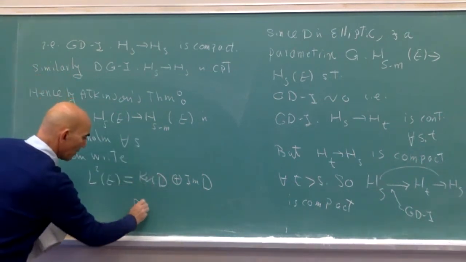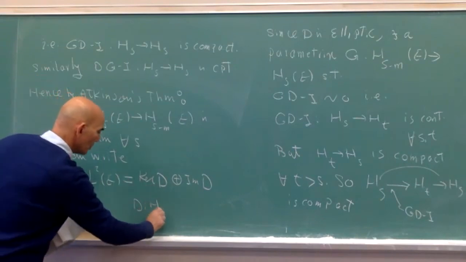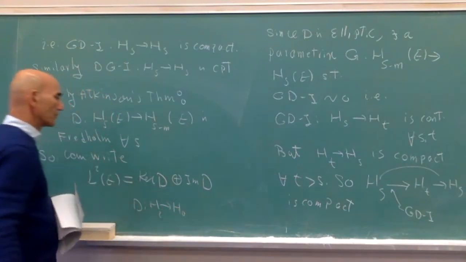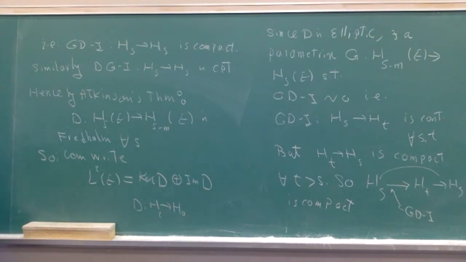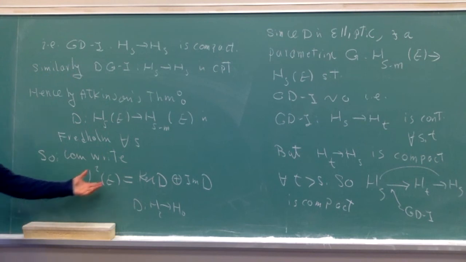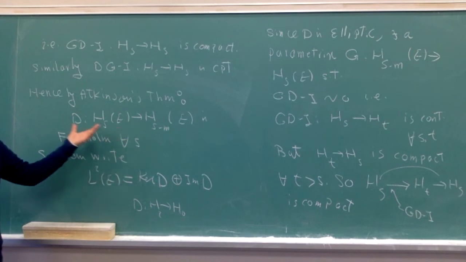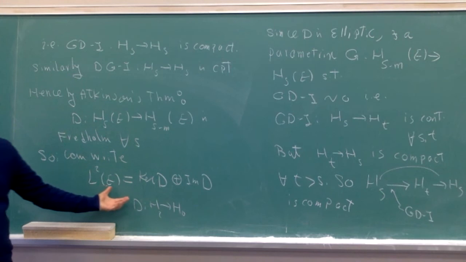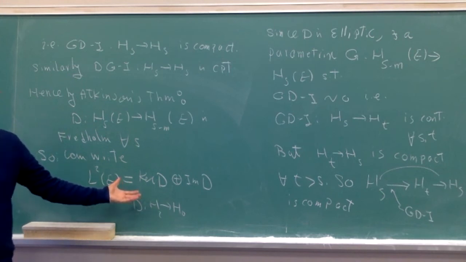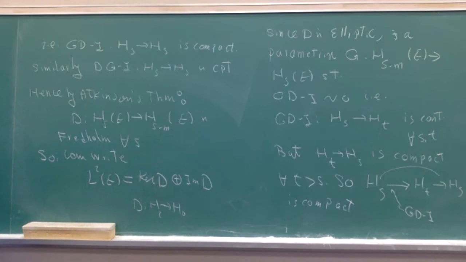So this D now goes from H2 to H0. This is a bounded operator, and it's also self-adjoint. We know that it's self-adjoint, so this decomposition follows immediately. So just pure operator theory at this stage. Okay.